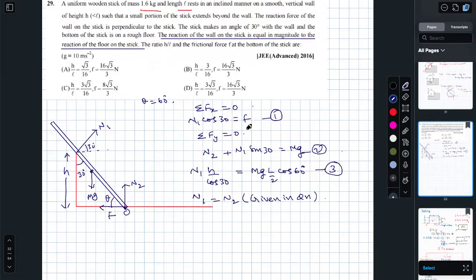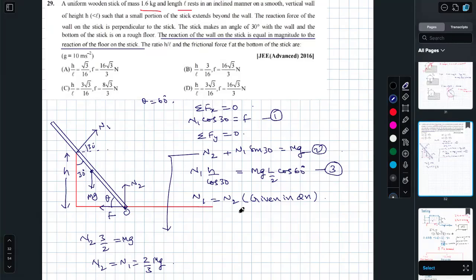Now, in this case, what is happening? You just substitute. Equation 2 will give N2 times 3 by 2 is mg. So N2 or N1 is 2 by 3 mg.